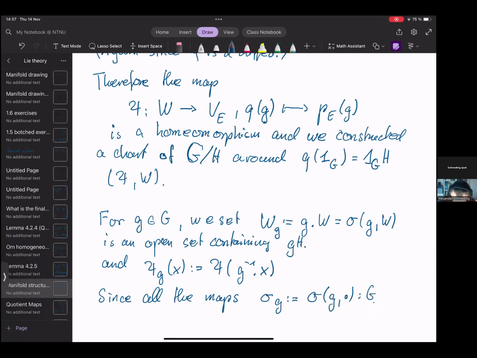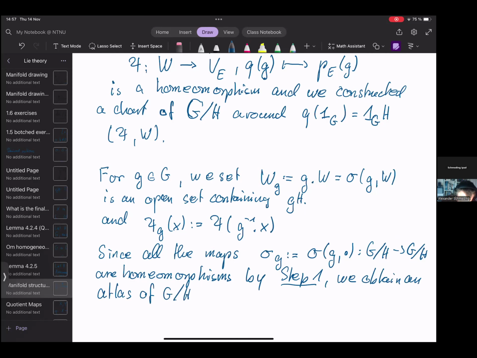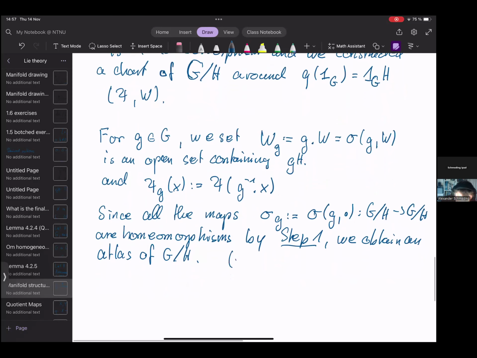So this is a map from G mod H to G mod H, are homeomorphisms by step 1 of this proof, we obtain an atlas of G mod H. And well, we can write this as psi G, and those are defined on the sets WG for G, where G runs through all the group elements.